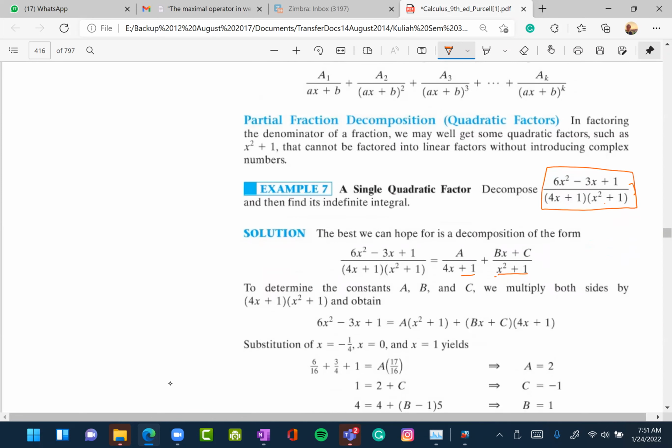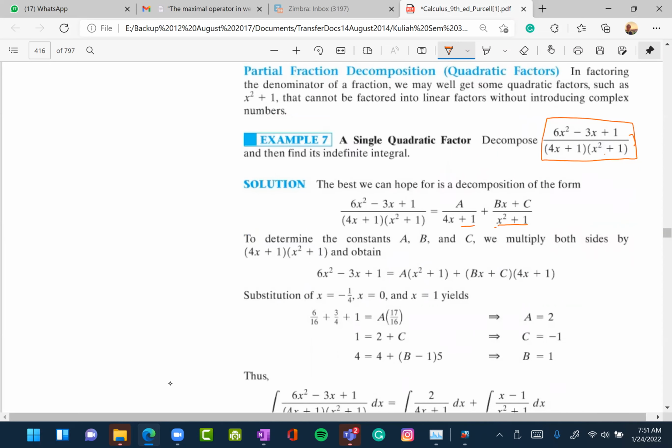Okay, and if you multiply this out, you get this one. And using this, you solve this, you get this.